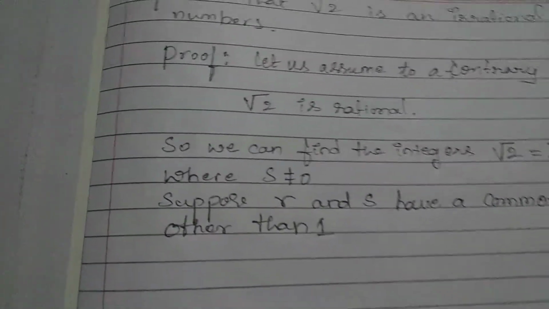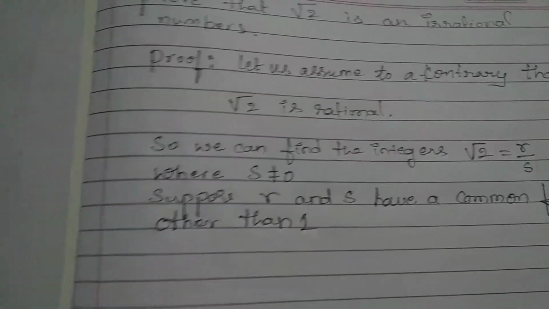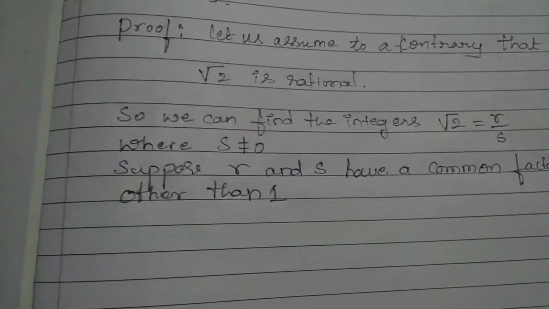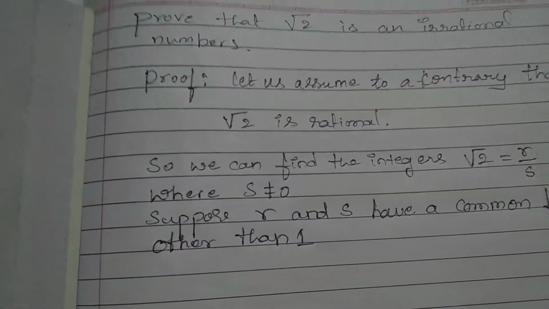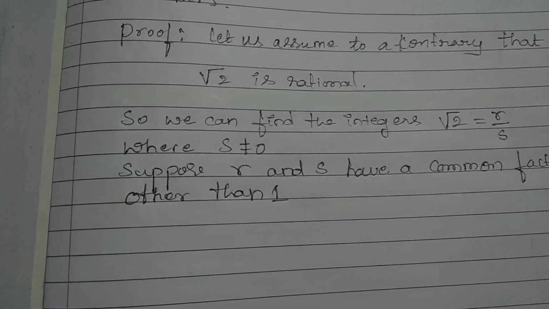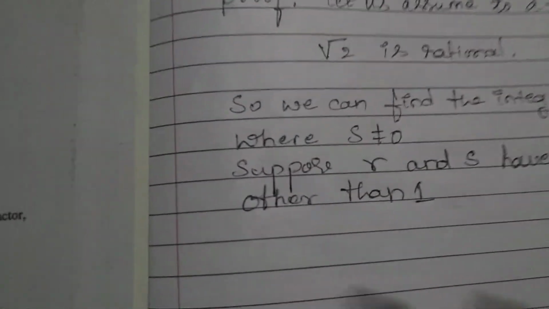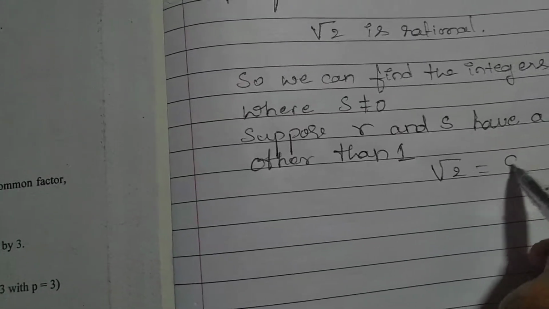Now we need to assume that r and s are co-prime. Co-prime means the only common factor is 1, not other than 1. Okay, so that's why we can consider this is co-prime. So then we'll get root 2 is equal to a by b.